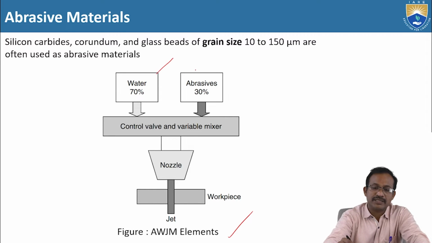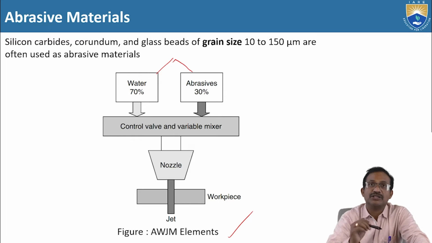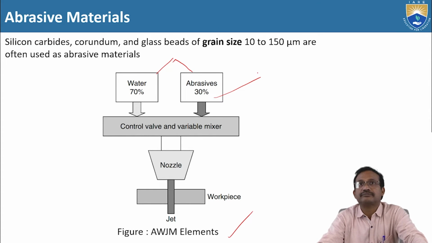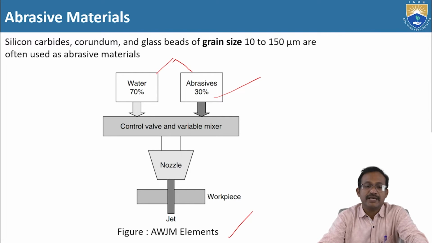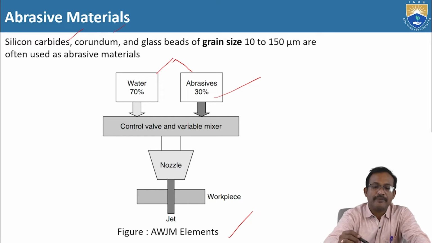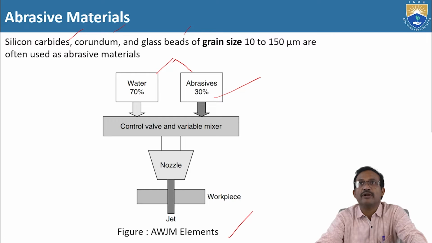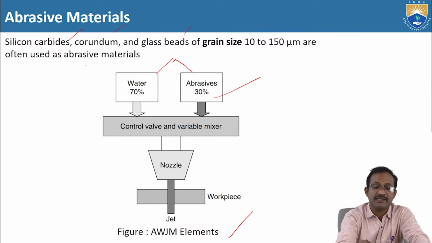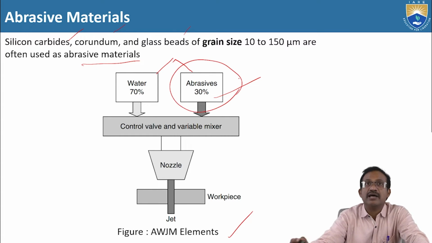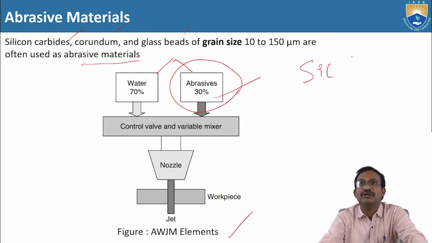We have already discussed that the abrasive slurry contains 70% water and 30% abrasives. Silicon carbide, corundum, that is aluminum oxide, and glass beads of grain size 10 to 150 microns are often used as abrasive materials, of random shape and size. All the particles may not be equal in grain size; randomly it will vary from 10 to 150 microns.